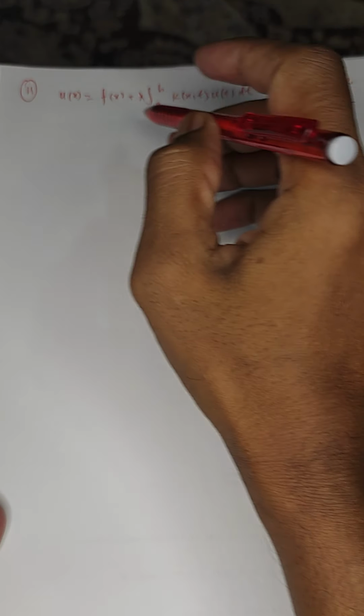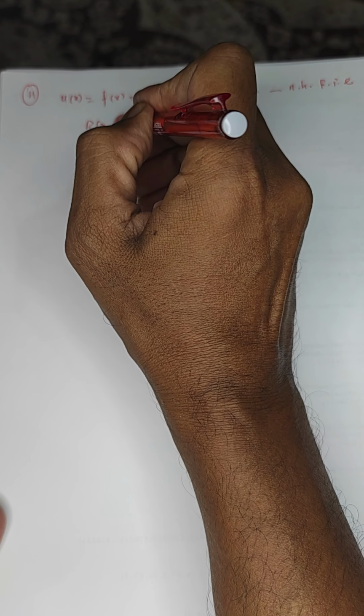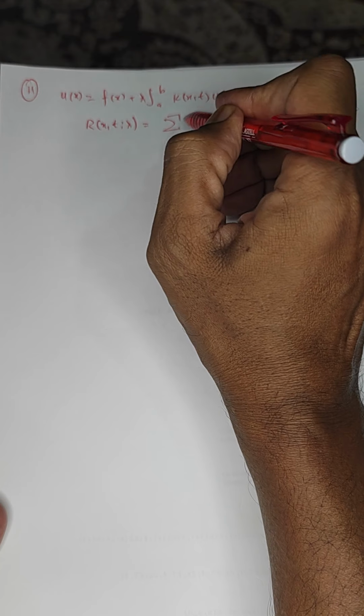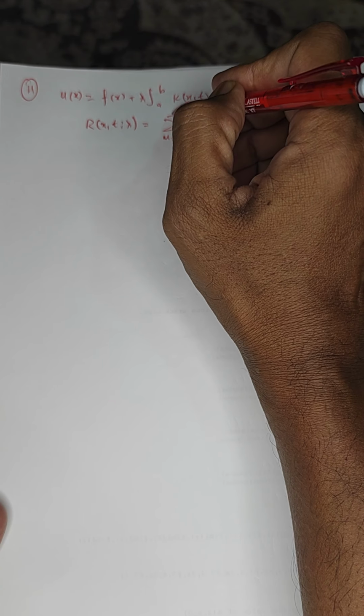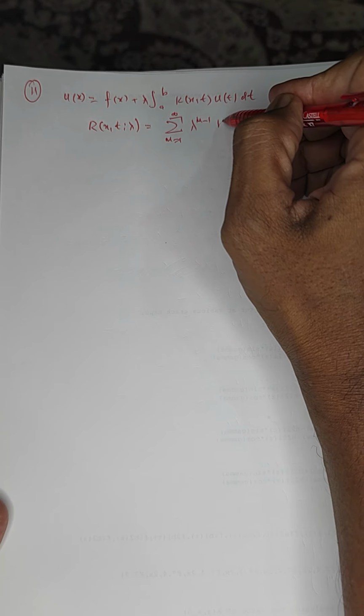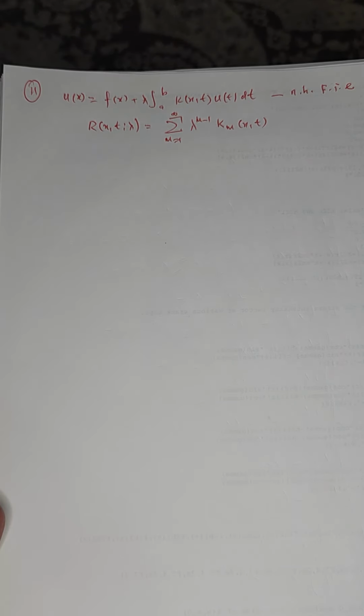And the resolvent kernel can be written as R(x,t;lambda) as a summation of m from 1 to infinity of lambda^(m-1) K_m(x,t). That's the resolvent kernel.